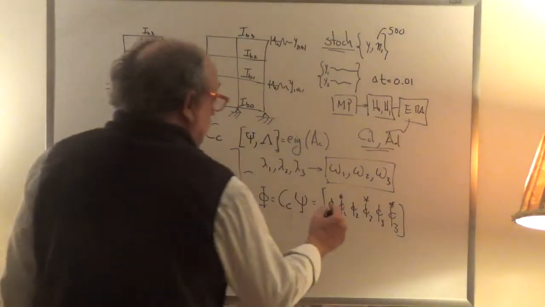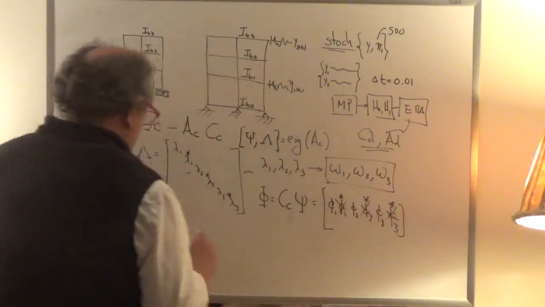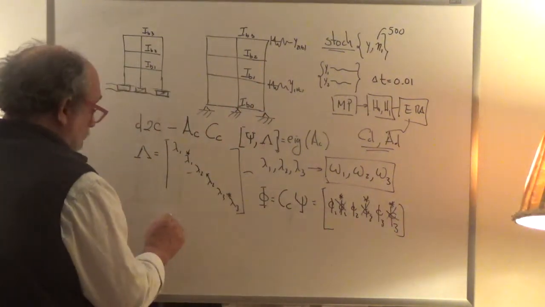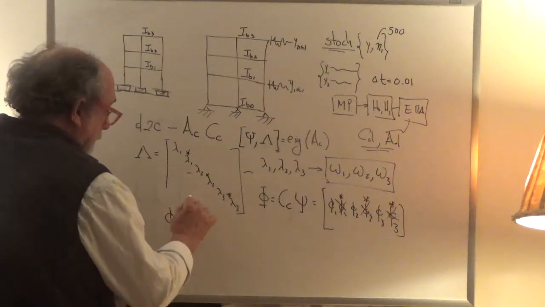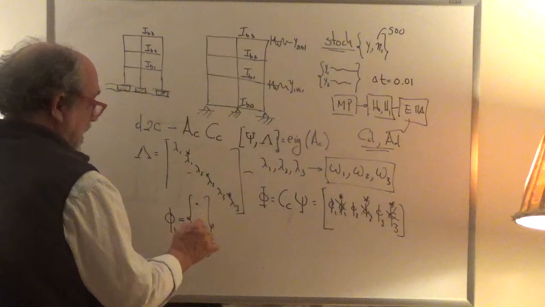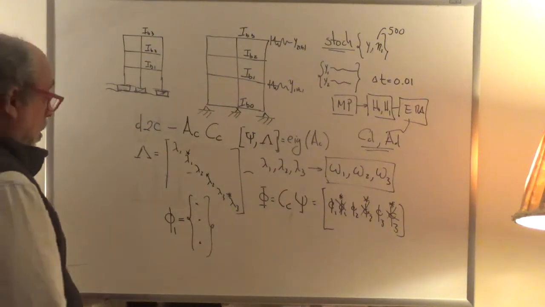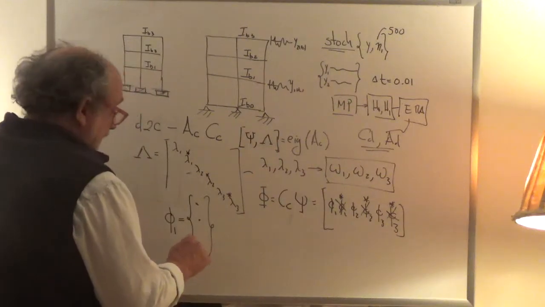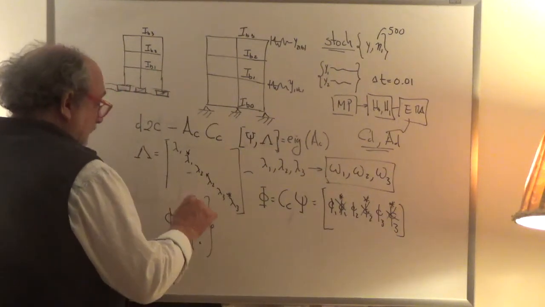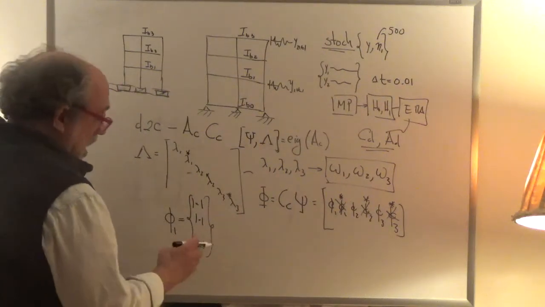Now, we just discard these ones, just take the phis. So I take a look at phi 1, and it'll have 3 numbers, and they will be in general complex numbers. So I calculate the absolute value of the complex numbers, and perhaps this one is the largest.